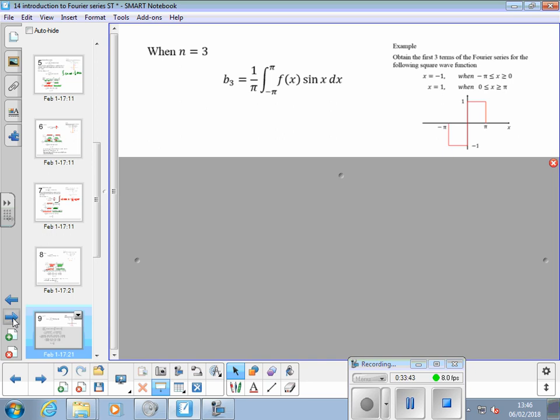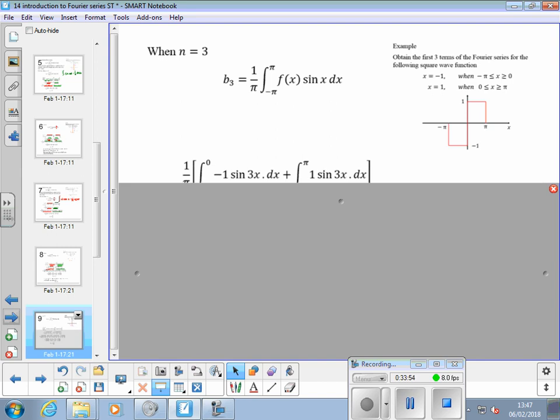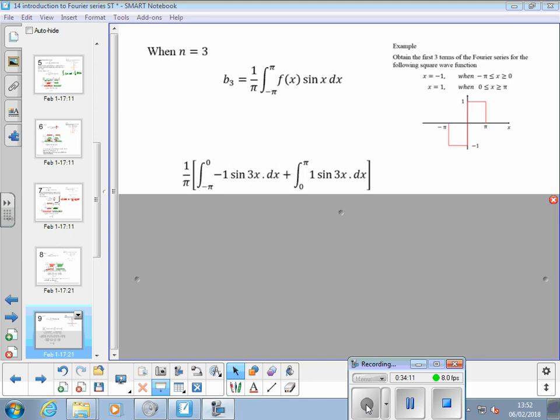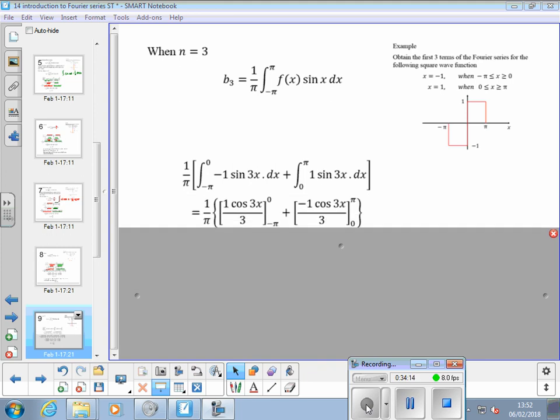So, how about when n is 3? I'll leave you to do that one. It's really simply a task of, if we got the previous one, when n was 2, correct, we can replace the 2 with the 3.